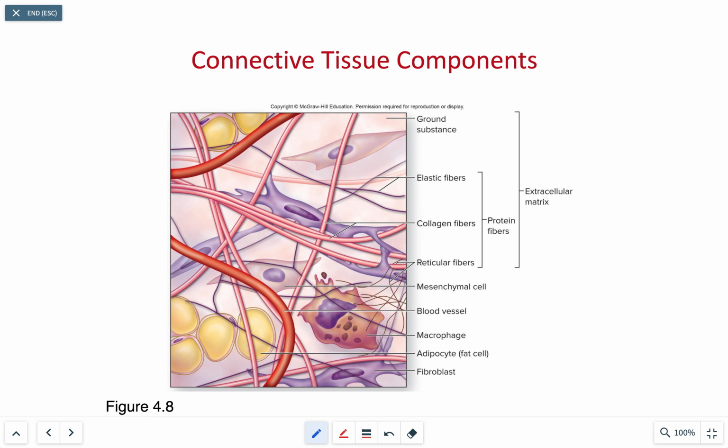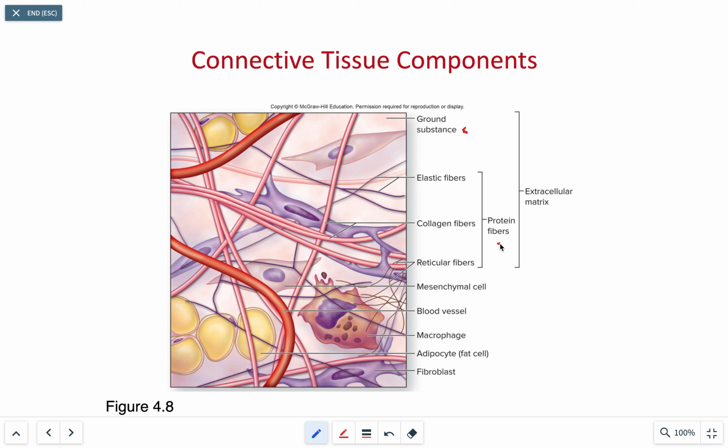So the first part of the discussion will be getting into connective tissue proper. Connective tissue proper is going to have extracellular fibers, what we consider to be protein fibers, and some sort of ground substance.